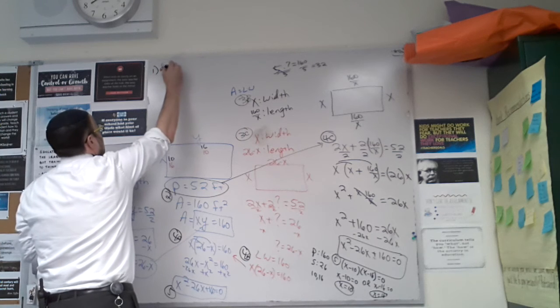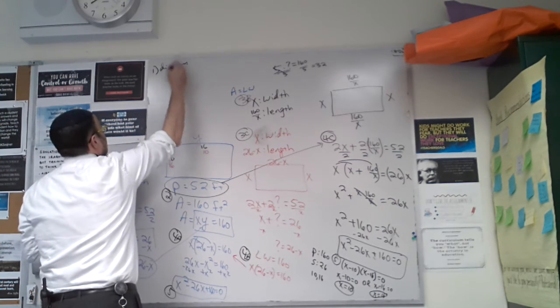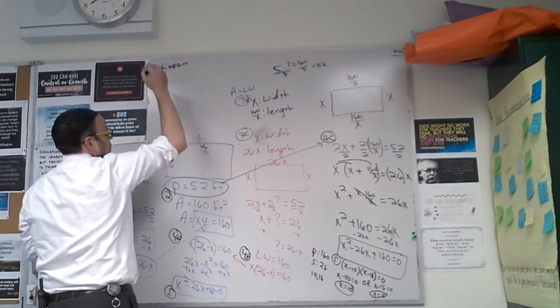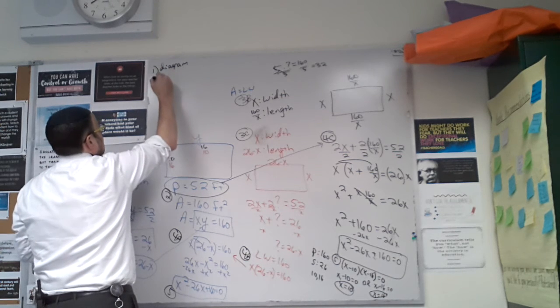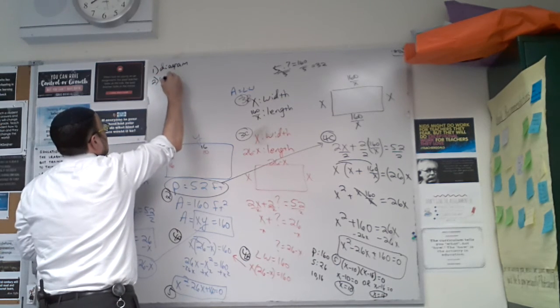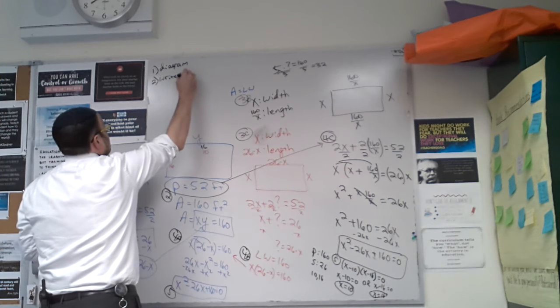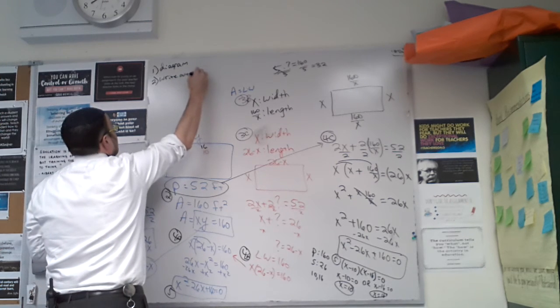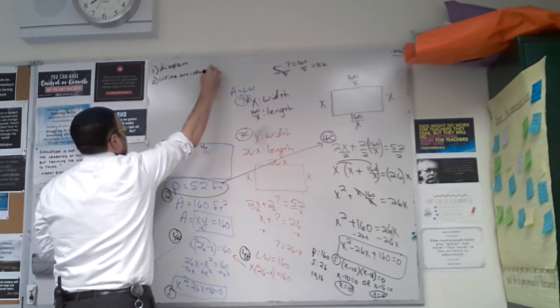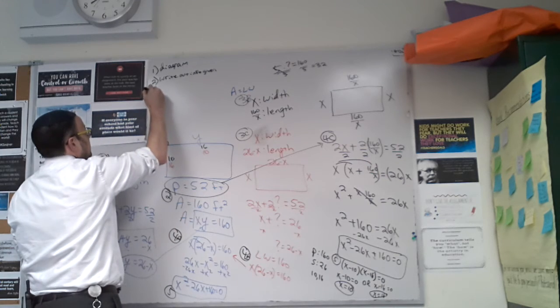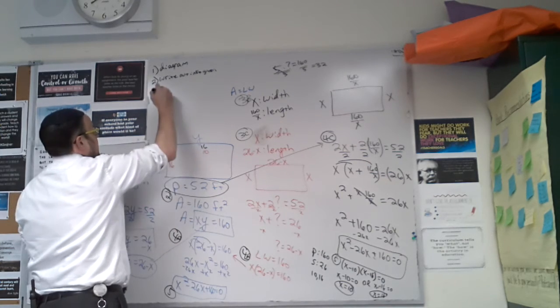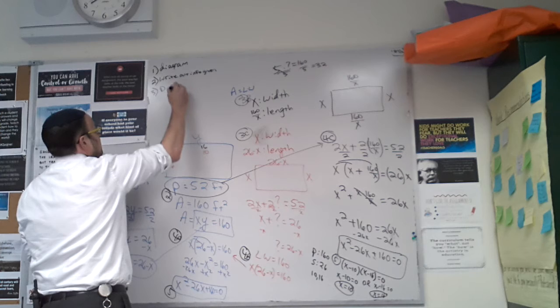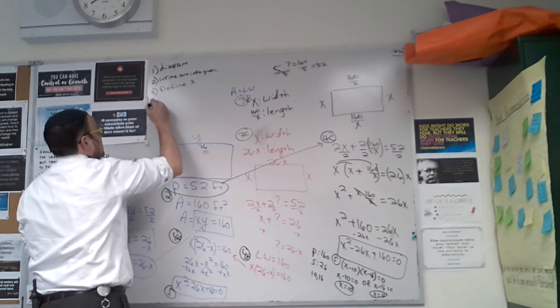1, diagram. Step 2 is write out the info given. In this case, it was perimeter and area. Step 3 is define x.